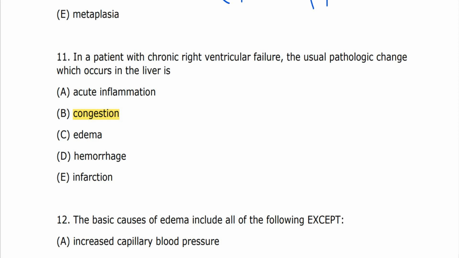And if it is long-standing, the liver thickens and you have what we call Nutmeg Liver, which is also called cardiac cirrhosis. This is when I saw this as a medical student in a scan, I remember thinking that whoever did the scan didn't know what he was doing.